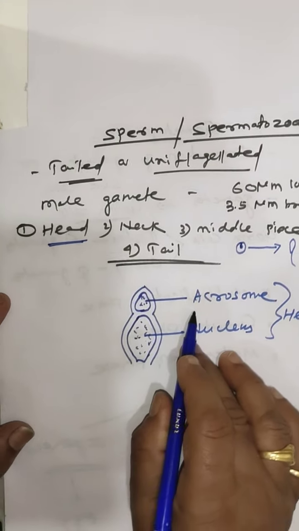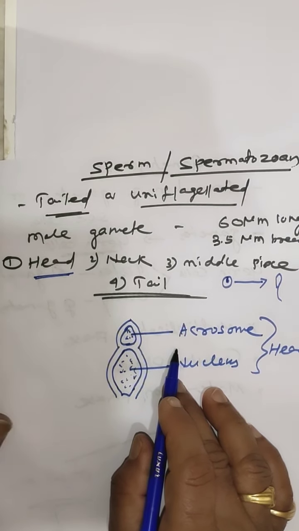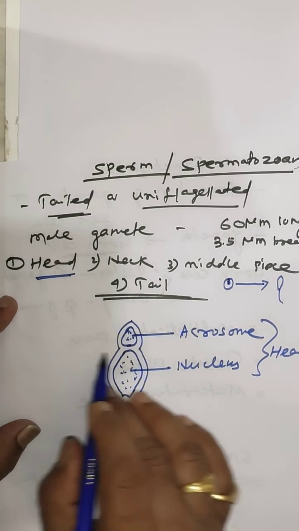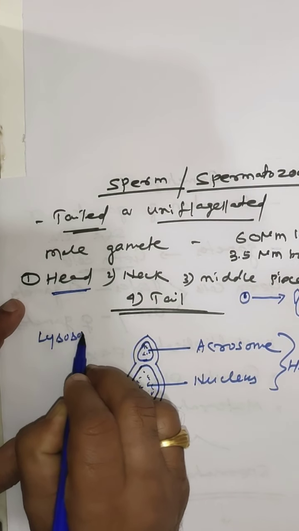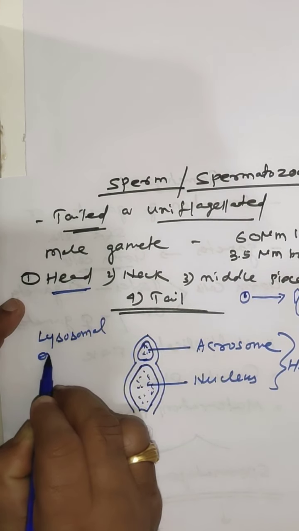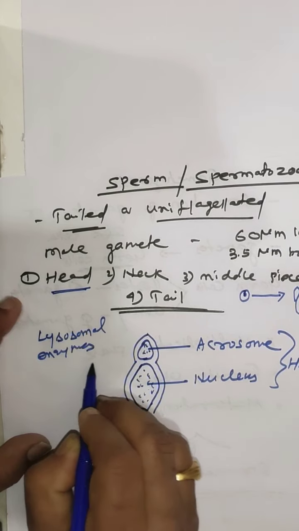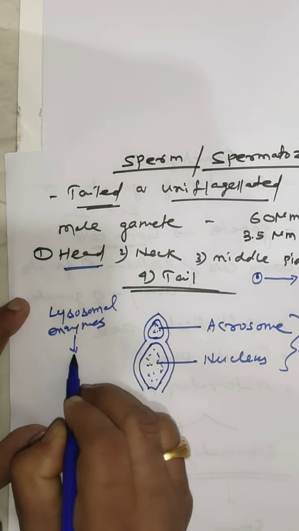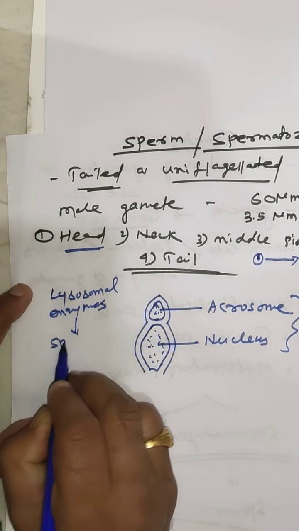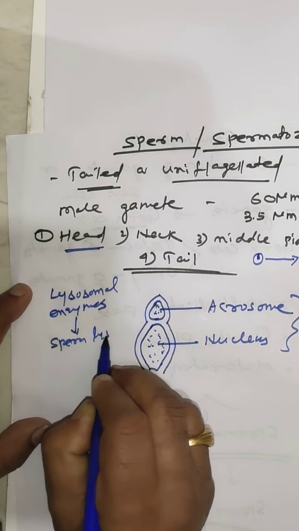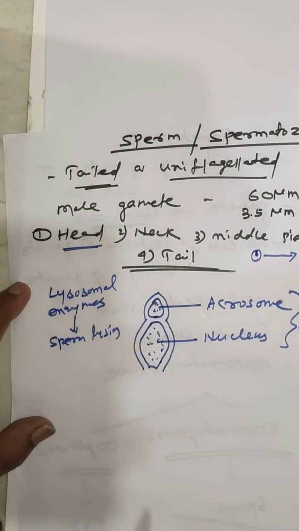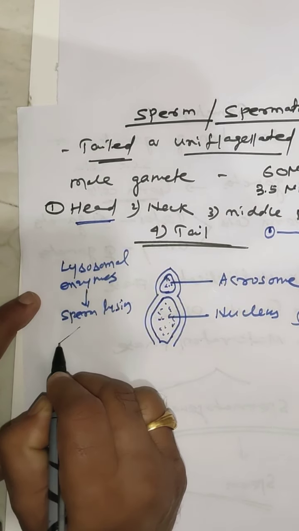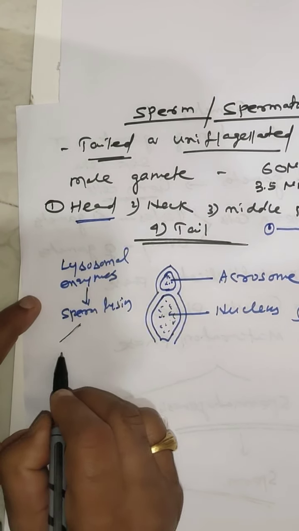The acrosome contains some proteolytic and lysosomal enzymes. These enzymes are together called sperm lysine. The sperm lysines are of different types.